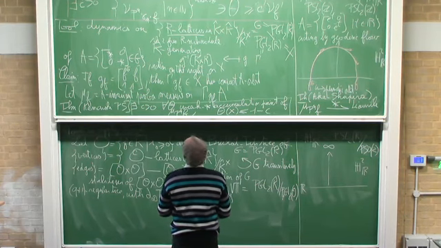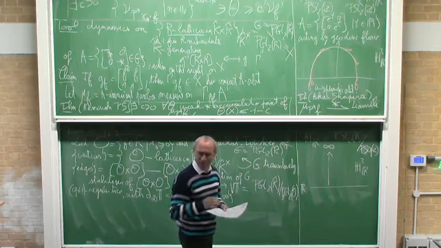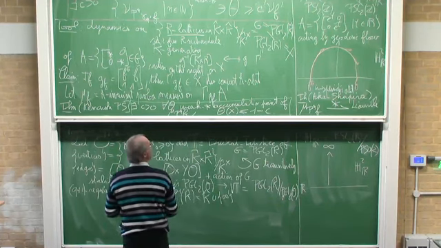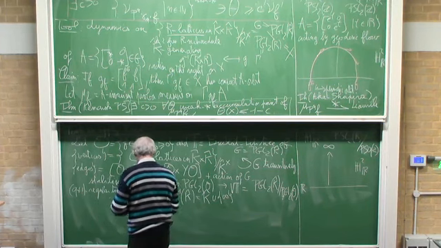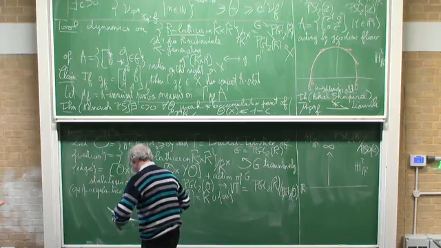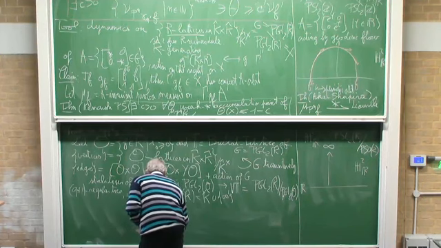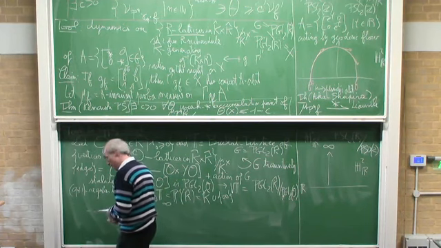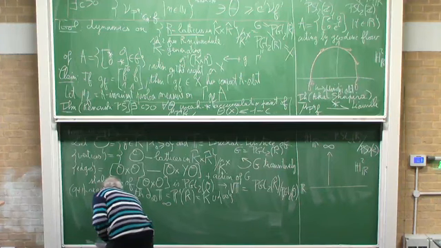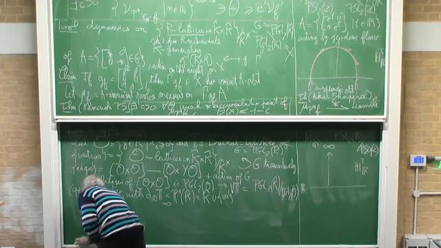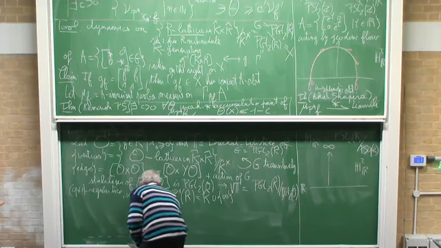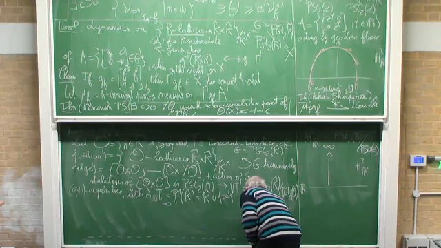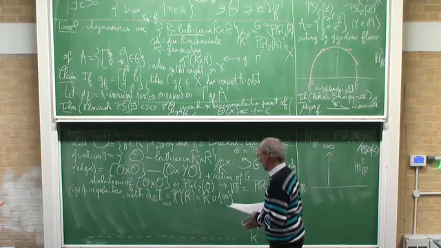In this board, I'm going to draw a very flat picture. I'm going to put infinity here, not very far, and then I'm going to draw K hat here.